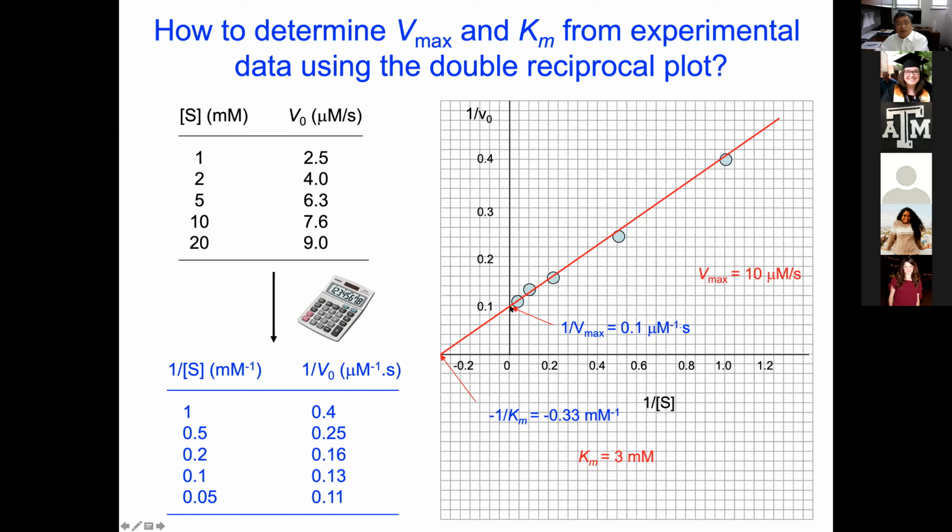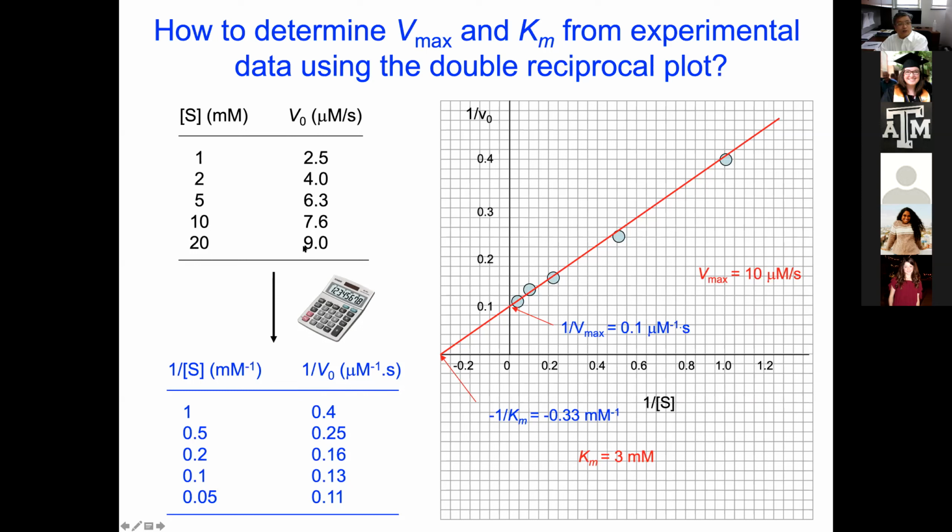If you look at the y-intercept of this plot, it equals 0.1 second per micromolar. If you take the inverse of this, the maximum velocity equals 10 micromolar per second. So that is the Vmax.